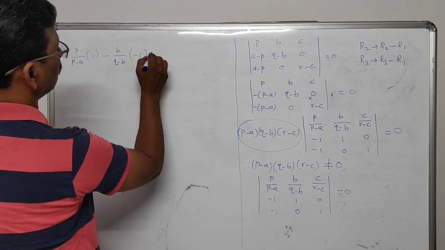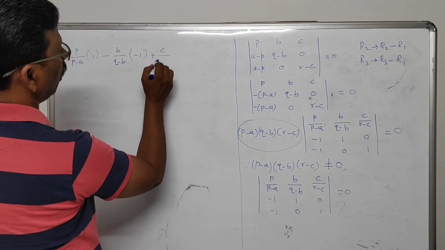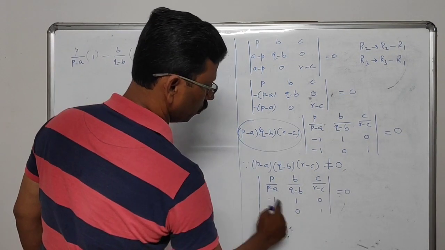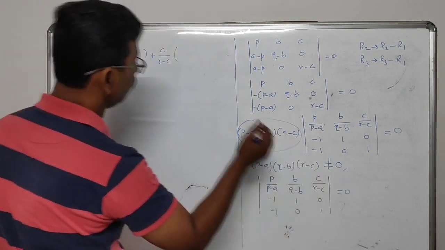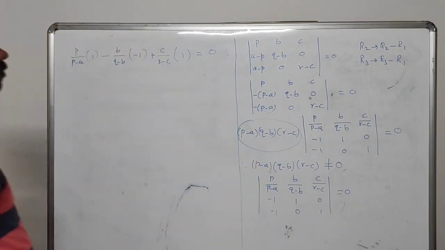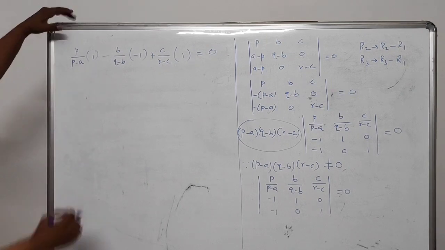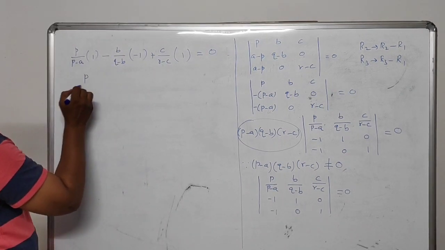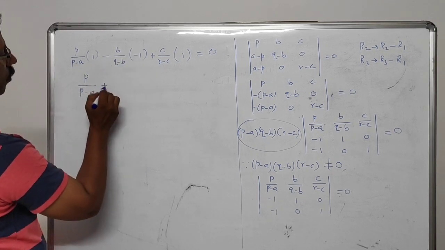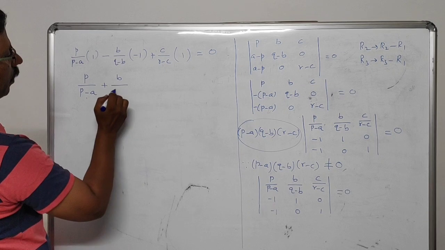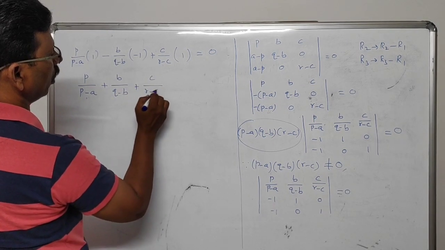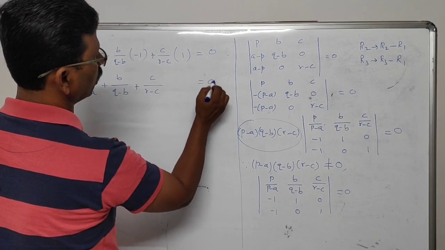Then next, plus c by r minus c into, leave this row and this column, 0 minus of minus 1 gives plus 1, equal to 0. After that, in simplified form, p by p minus a, minus into minus becomes plus, b by q minus b plus c by r minus c equals 0.